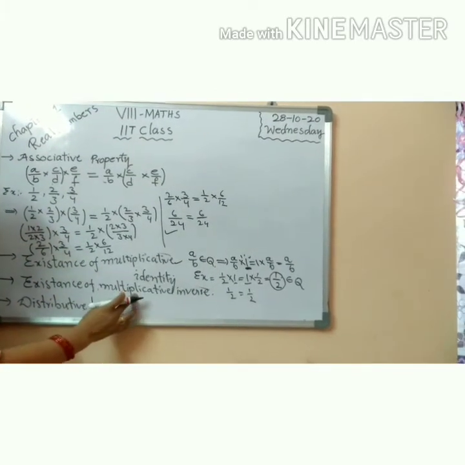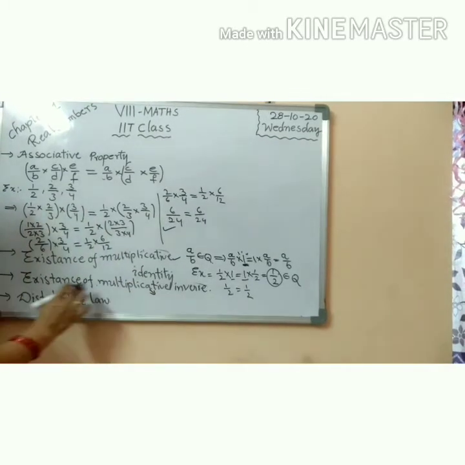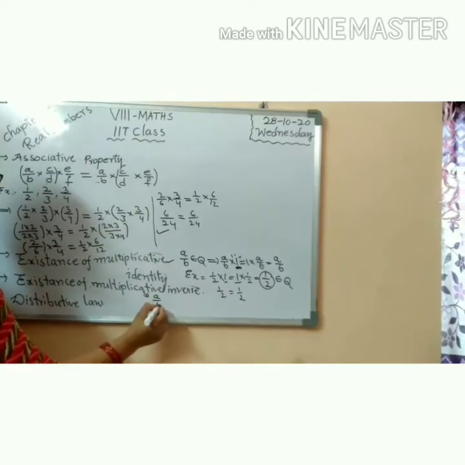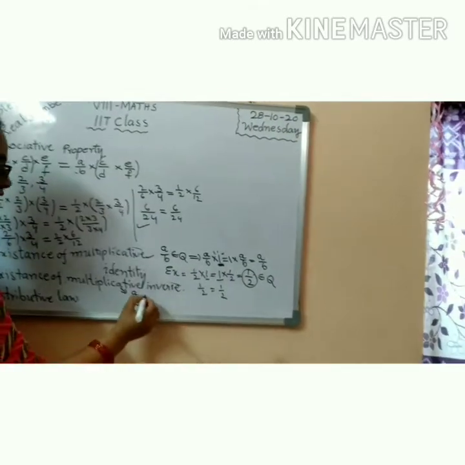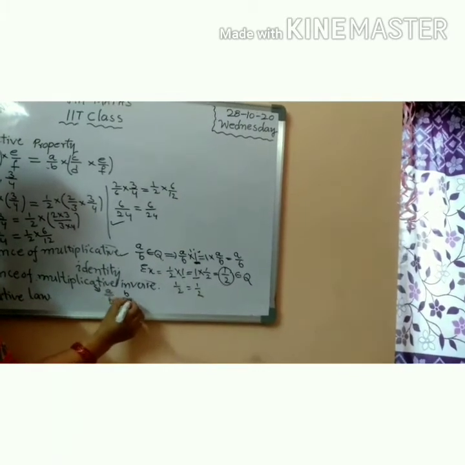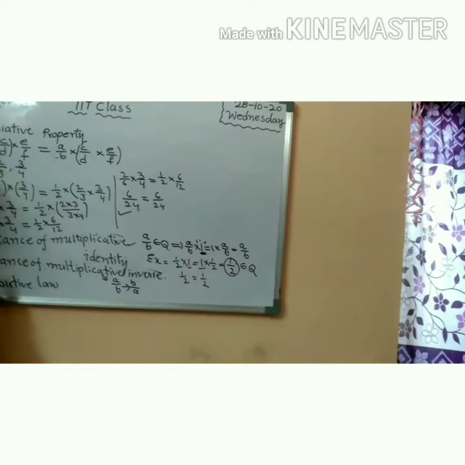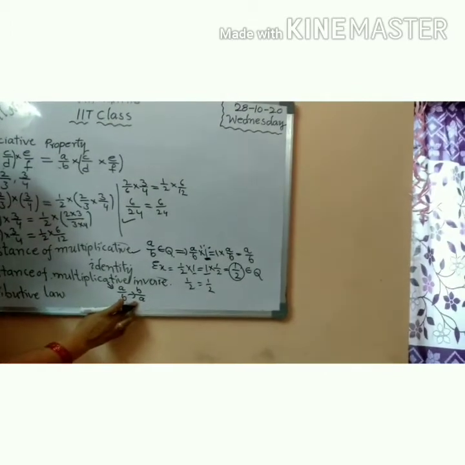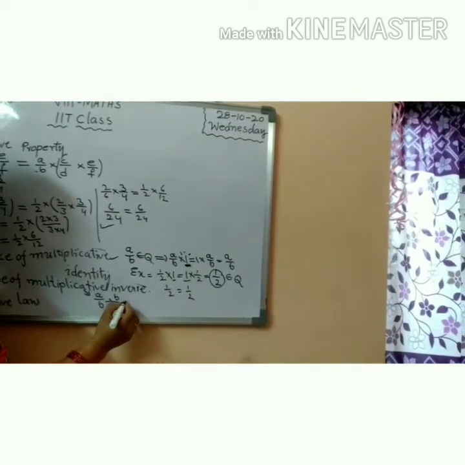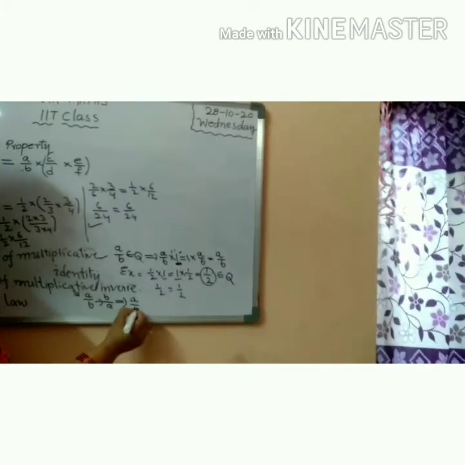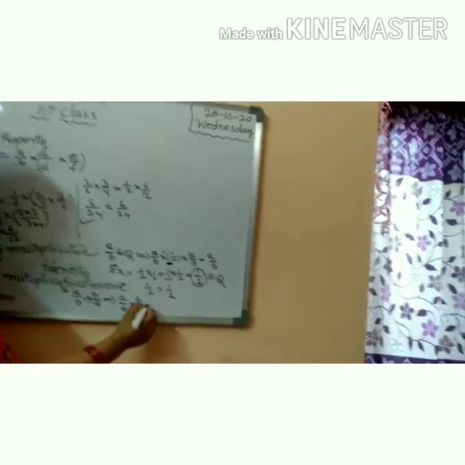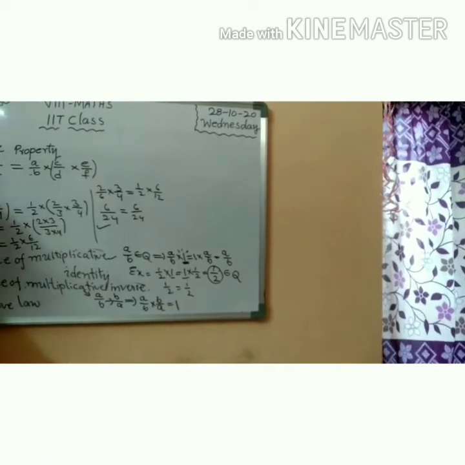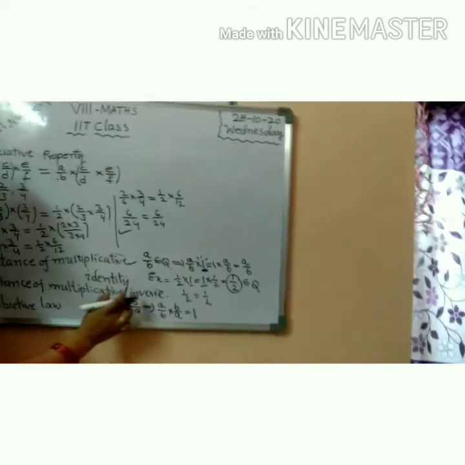Every non-zero rational number a/b has a multiplicative inverse, and the multiplicative inverse is b/a, such that a/b × b/a is equal to 1. This is the existence of multiplicative inverse.